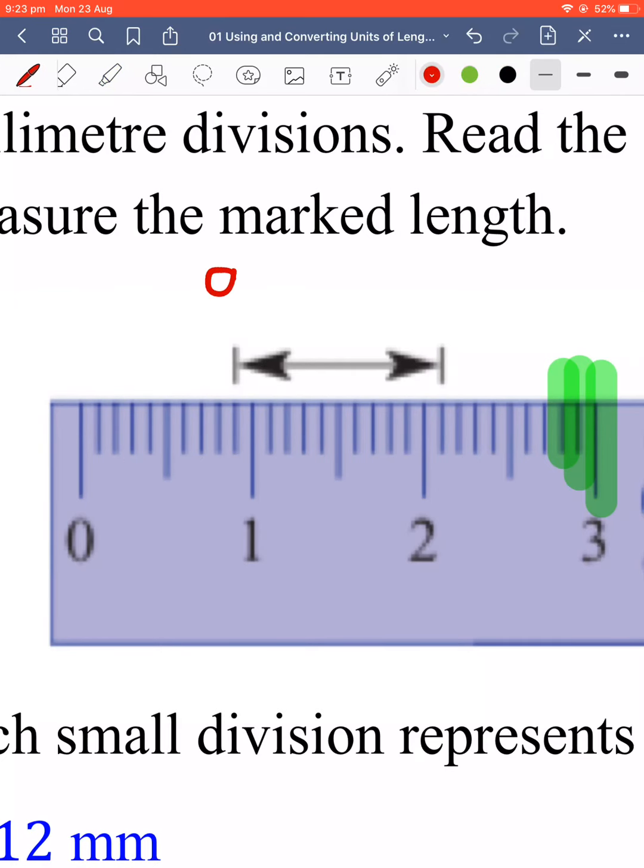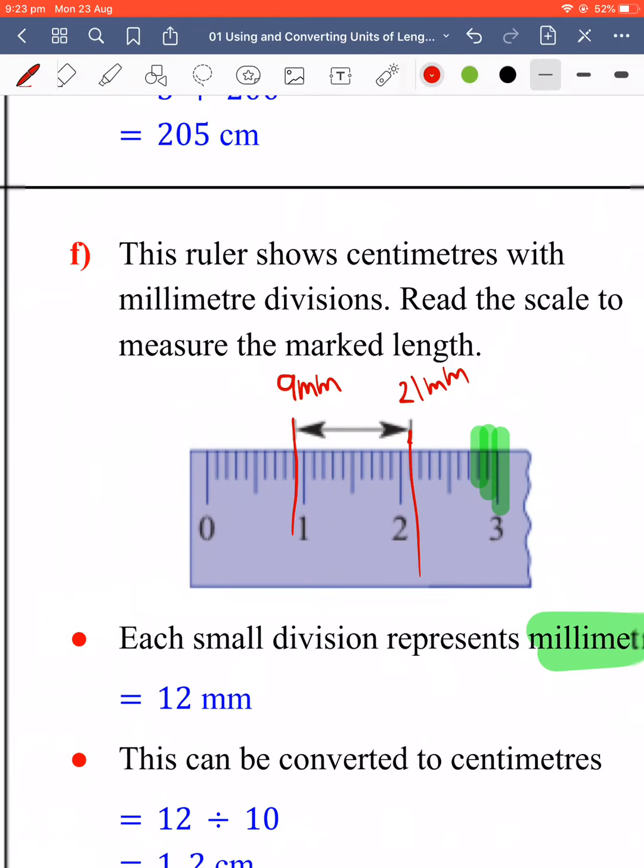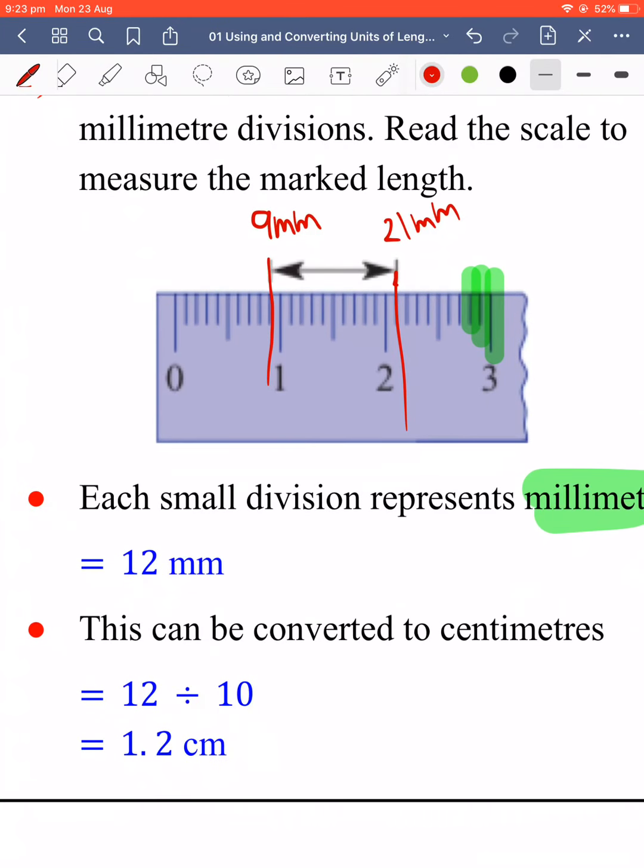So if I look at these millimeters, I've gone from 9 millimeters, which is here, just before the 10 mark, and I end up at 21 millimeters, which is this point here. So if I do 21 minus 9, that will actually give me 12 millimeters.